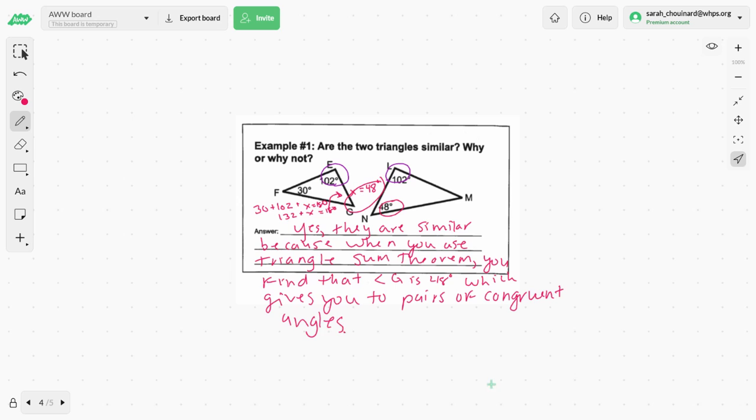All you need to know is that there are two pairs of congruent angles. So we know the triangles are similar. As long as there's two pairs of congruent angles, you can tell that the two triangles are similar.